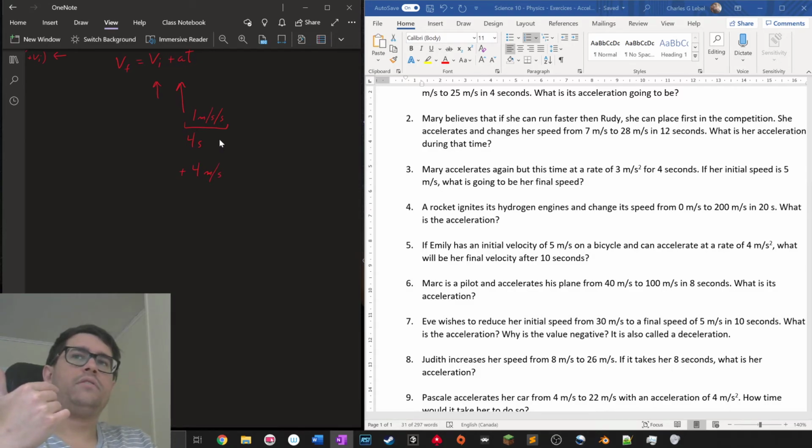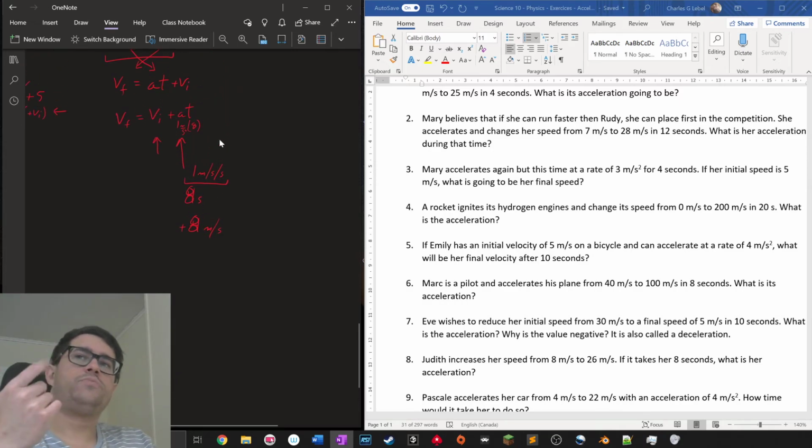If I allow it to happen for 8 seconds, then basically I have 1 meter per second squared times 8, which is going to be an increase of 8 meters per second.